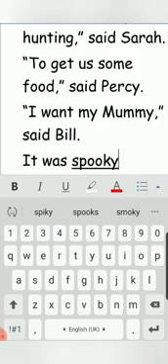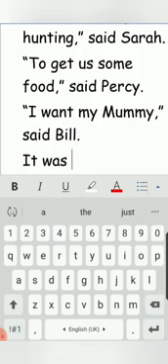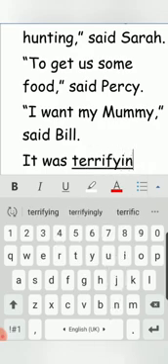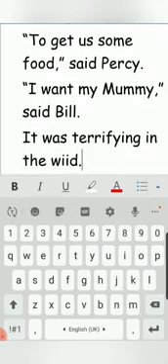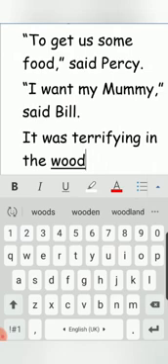We could write it was terrifying in the wood. I'll stick with this. It was terrifying in the wood. Full stop. Wood means forest, okay?